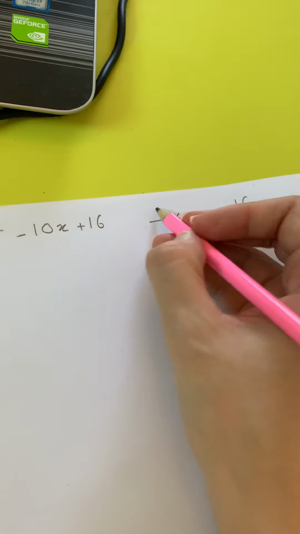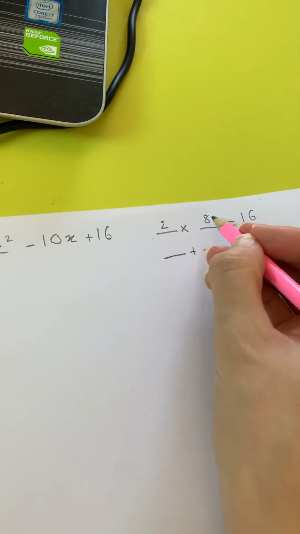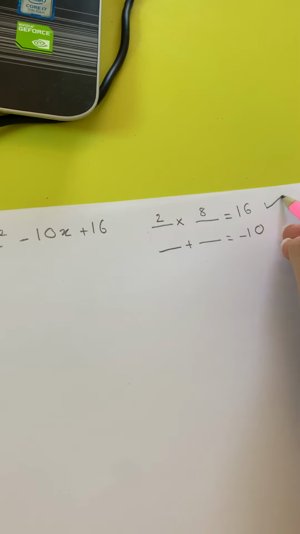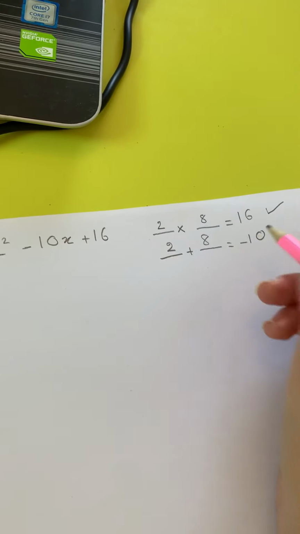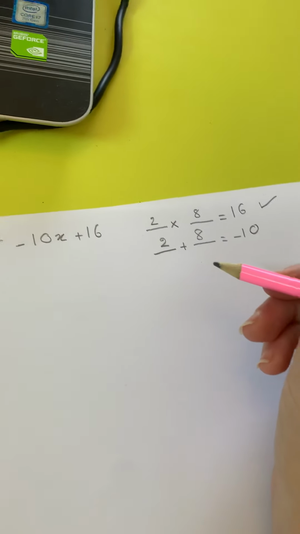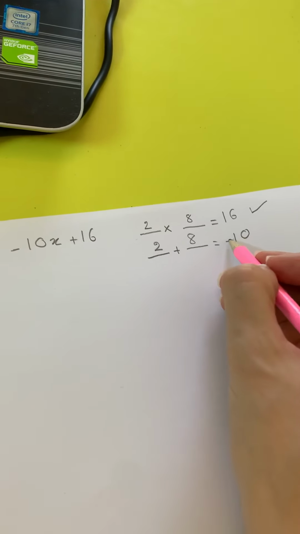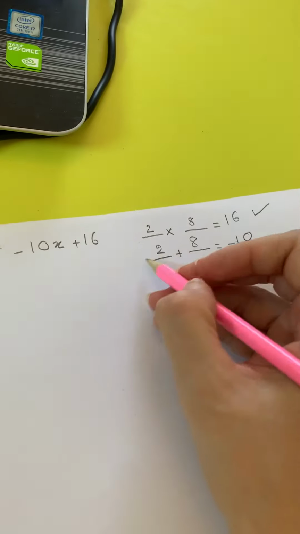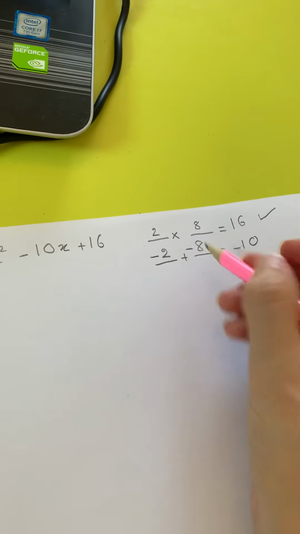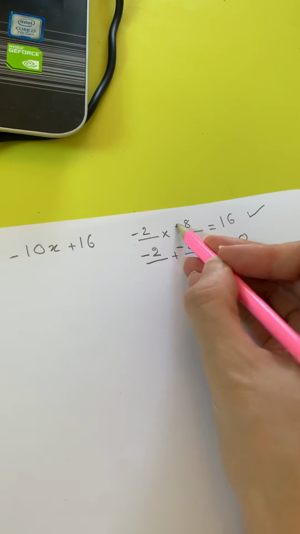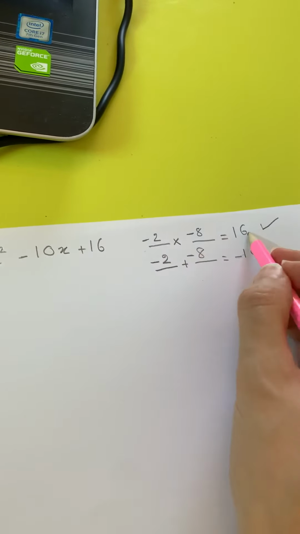I would think, for example, about 2 times 8. 2 times 8 is 16, correct. But is 2 plus 8 negative 10? No, it's 10. So I have a problem with the sign. To get a negative, let's make them negative. Let's try it now. Is negative 2 times negative 8 equal to 16?